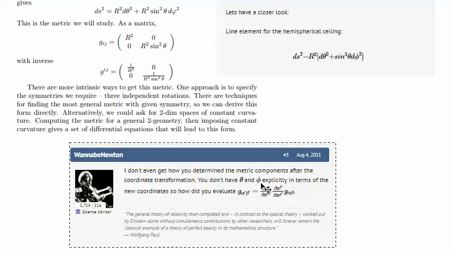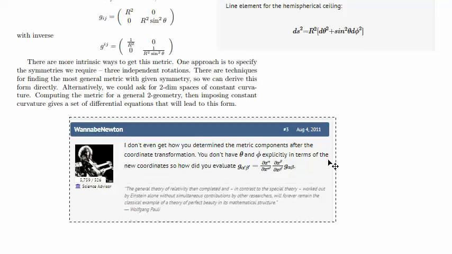He doesn't have theta and phi explicitly in terms of the new coordinates. But I would say it's just exactly the opposite. Theta and phi are given in terms of x, y, and z, and x, y, and z are given in terms of theta and phi. That's how it works. But he's saying you can give theta and phi explicitly in terms of the new coordinates.